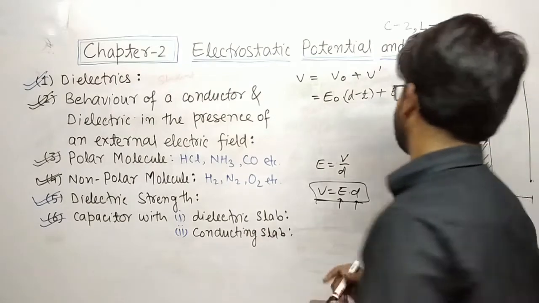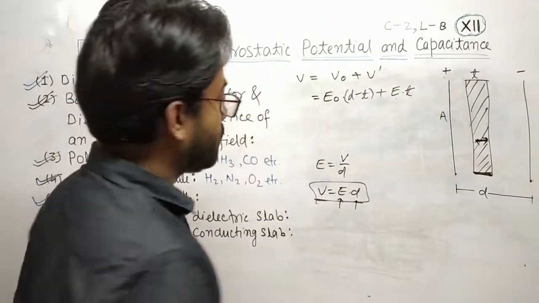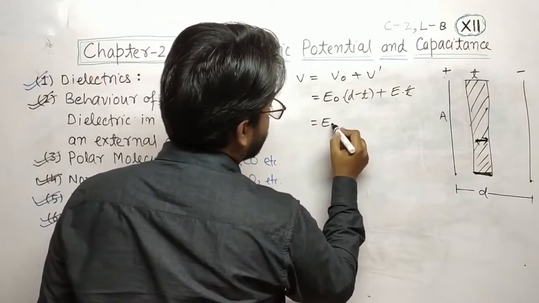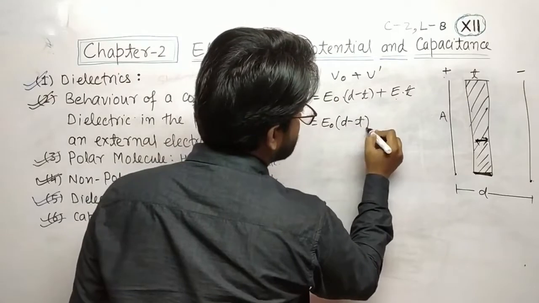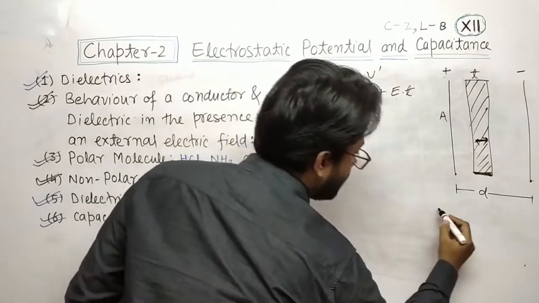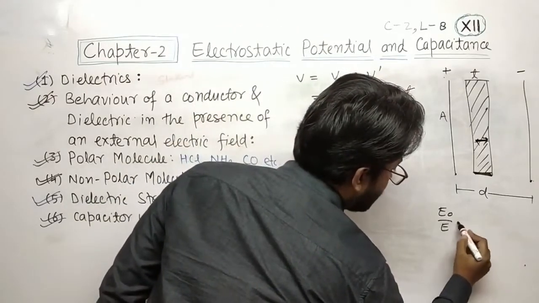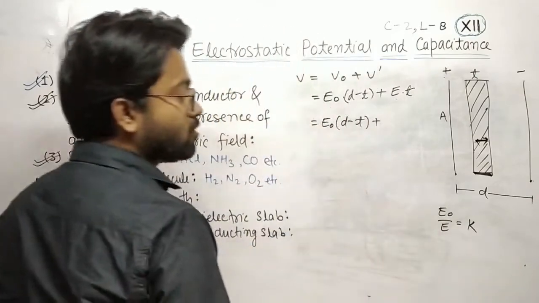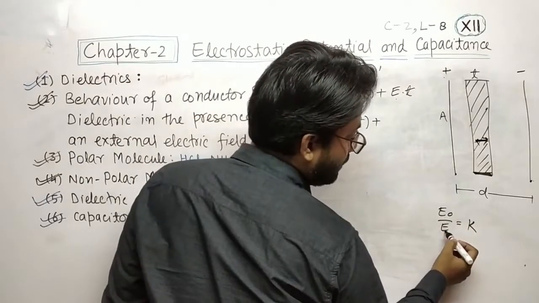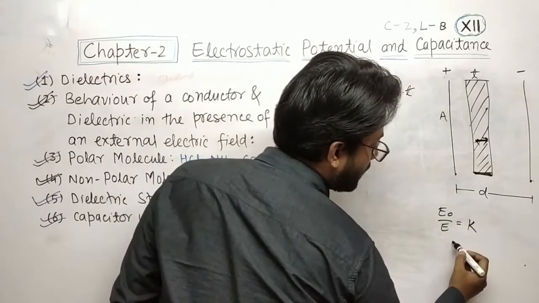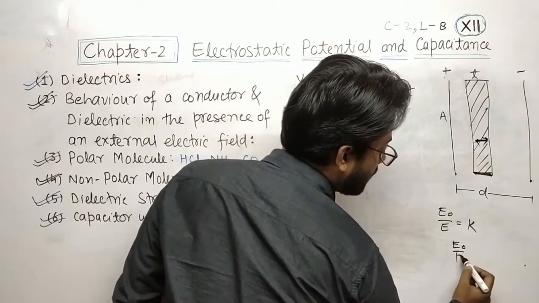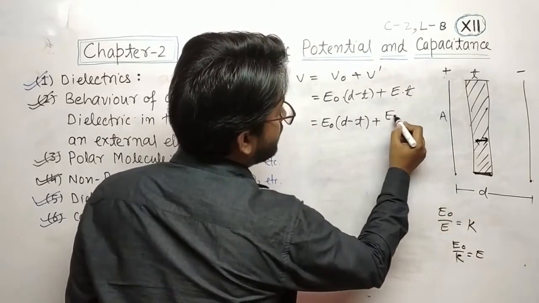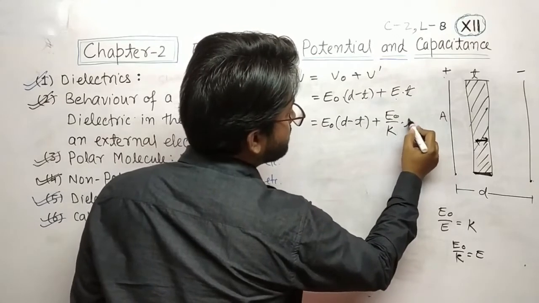That is not E naught. Next line is E naught into d minus t plus, we know that E naught upon E equals K, where K is the dielectric constant. In place of E we can write E naught upon K equals E. In place of E we can write E naught upon K times t.